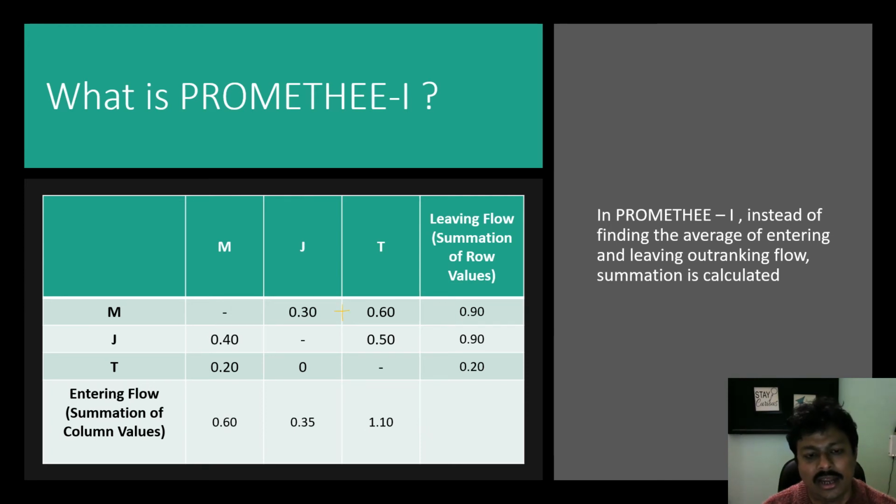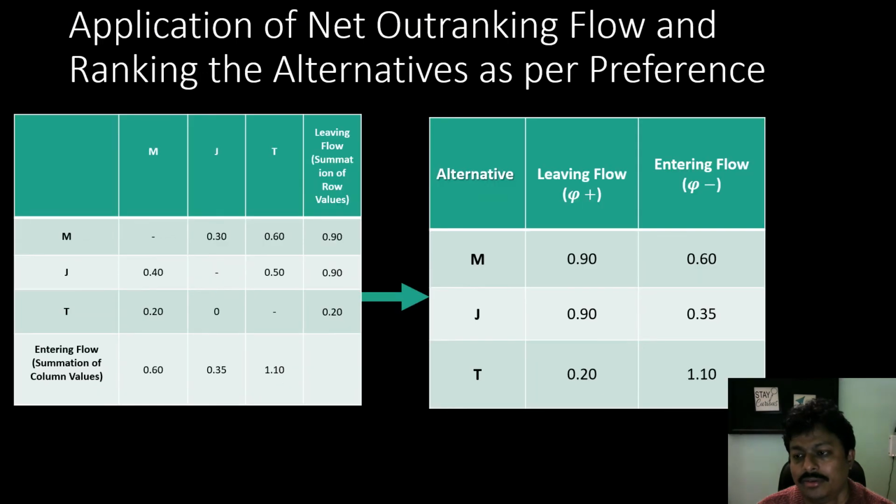Add the row values, add the column values, and we get the leaving flow from the summation of row values and the entering flow from the summation of column values. Now the next question is how to select the best alternative with the help of PROMETHEE I, the older version. So let us see how we can do it.